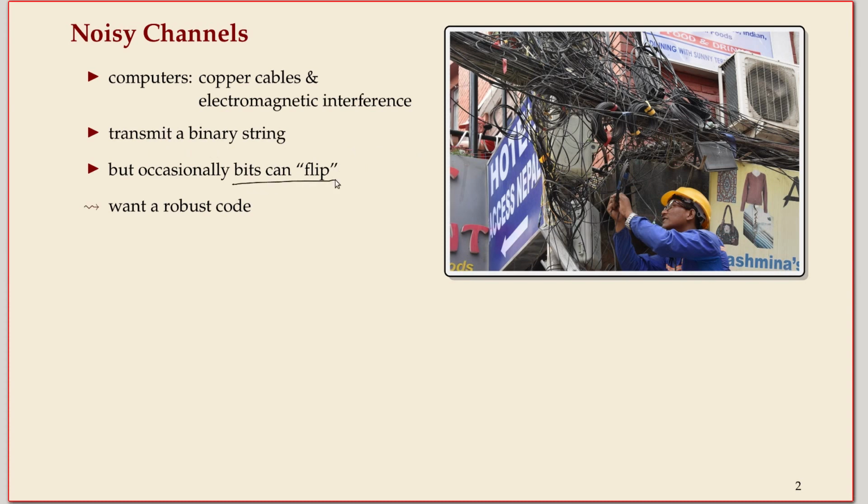The main type of mistake that happens in the communication that we will be concerned with in this unit is that a single bit can flip from 0 to 1 or from 1 to 0.